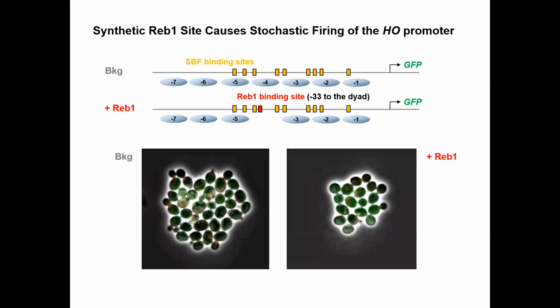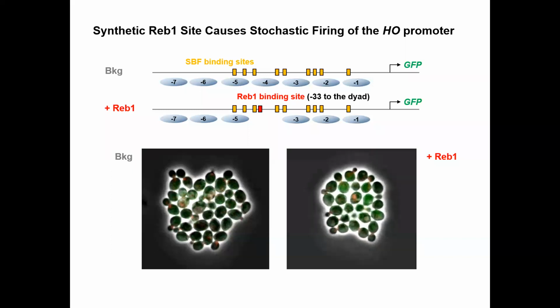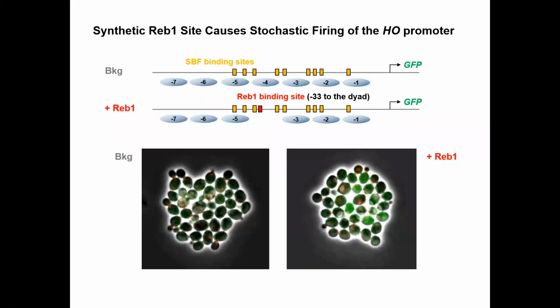So Reb1 is a constitutive protein that does not have much activation potential itself. The fact that this GFP shows cell cycle regulation is because Reb1 now opens up the chromatin so that SBF gets to bind and activate the gene in a cell cycle dependent fashion. So Reb1 in every sense fits the definition of a pioneer factor.